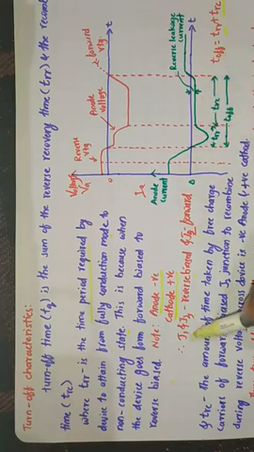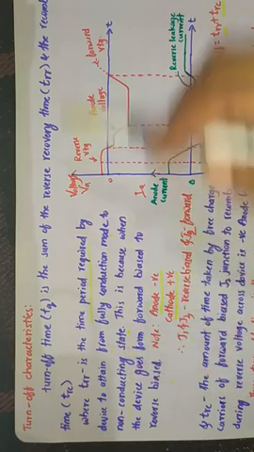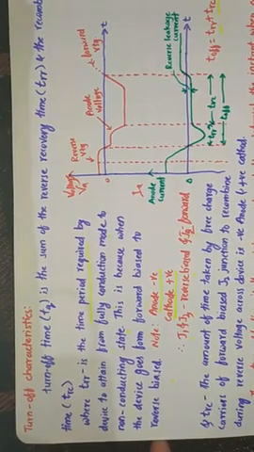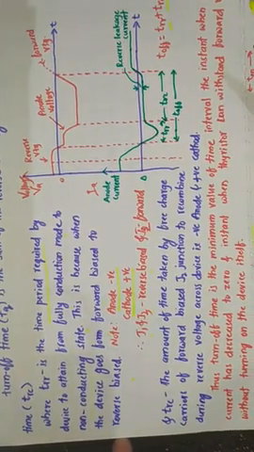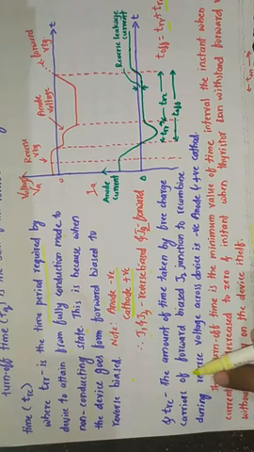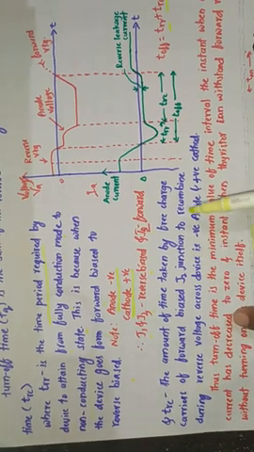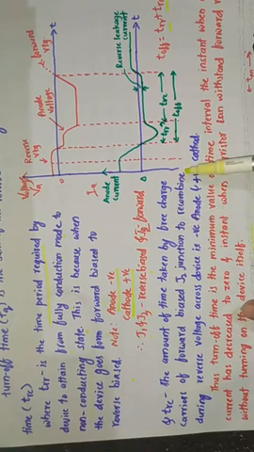Next there is one more term, that is recombination time. As the definition says, it is the amount of time taken by the free charge carriers of the forward biased J2 junction to recombine.